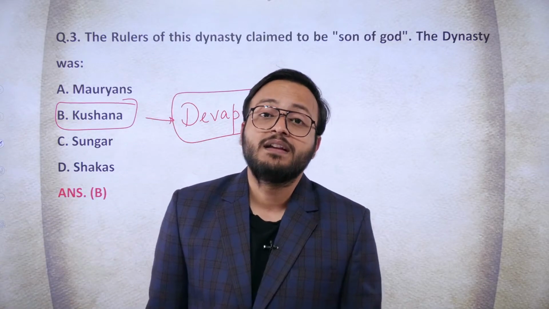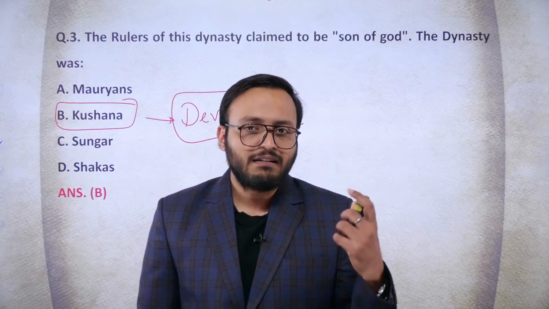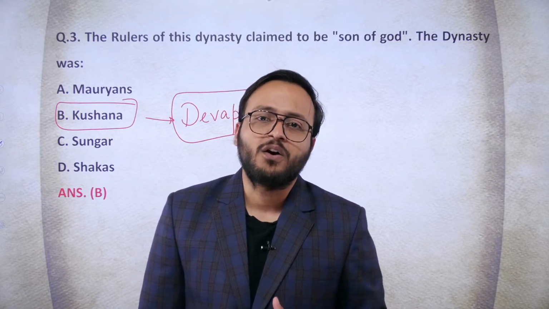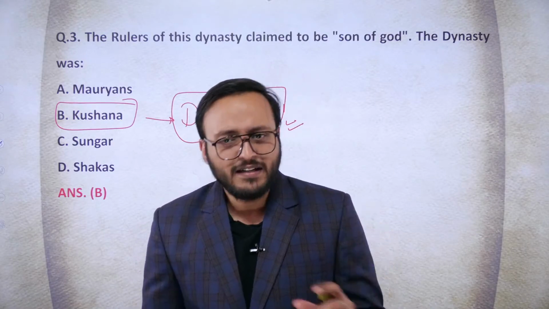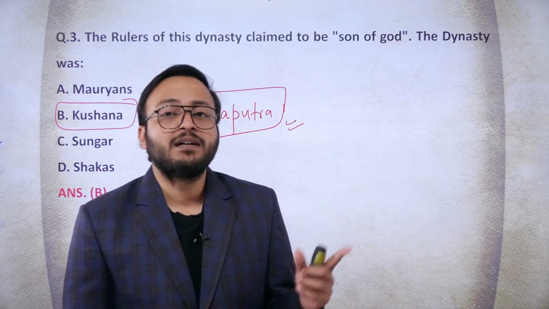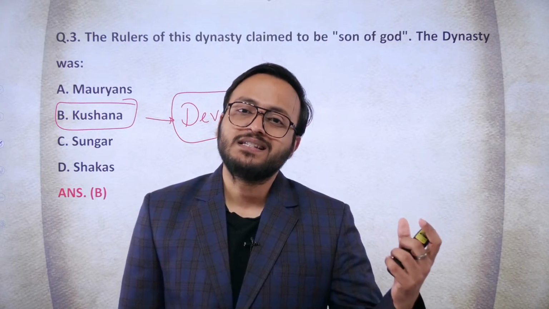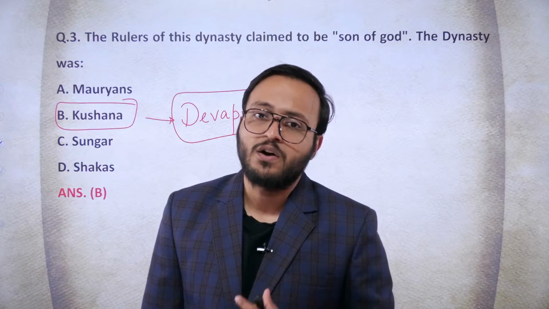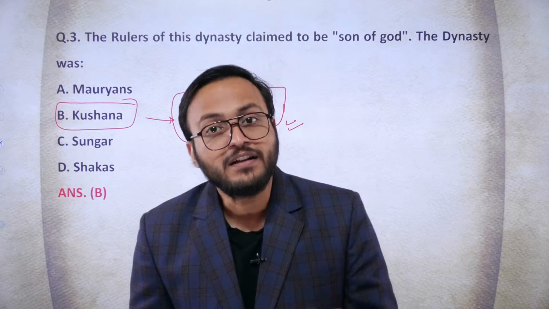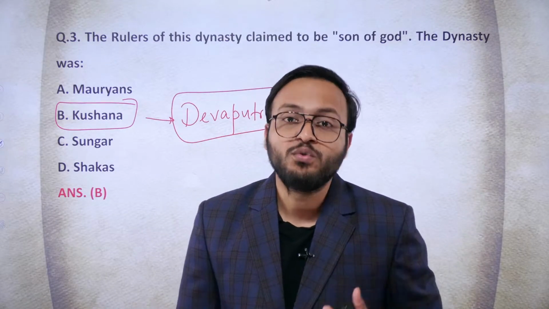Why so? Because in this particular title, let me tell you, Kanishka declares himself to be the son of the deities, son of the gods. A similar type of title used to be taken by the Chinese emperors, and they took the title the son of heaven. Guys, this type of title continued until the arrival of Timurid rulers.